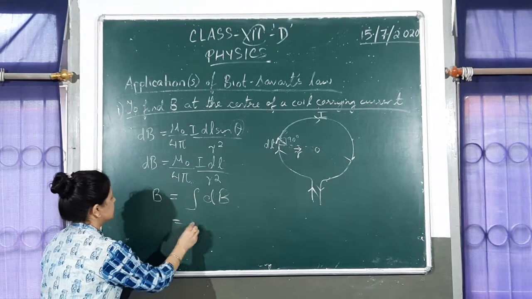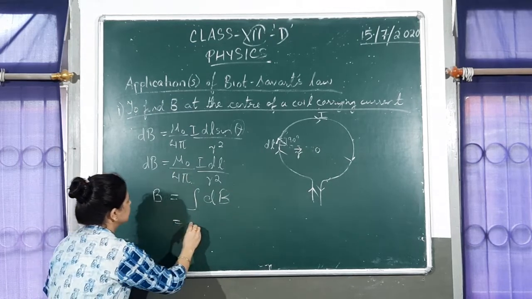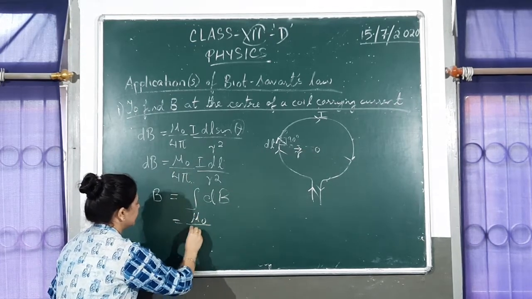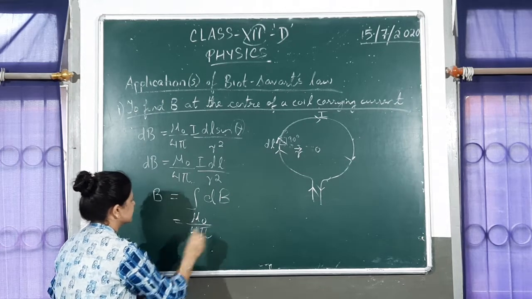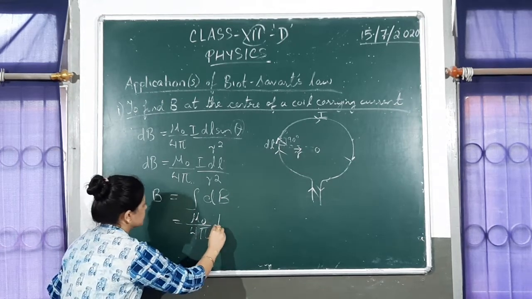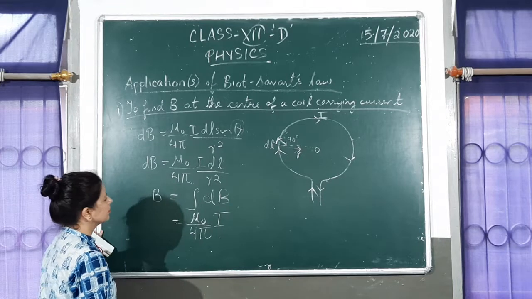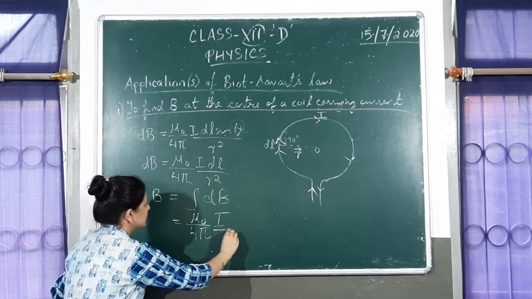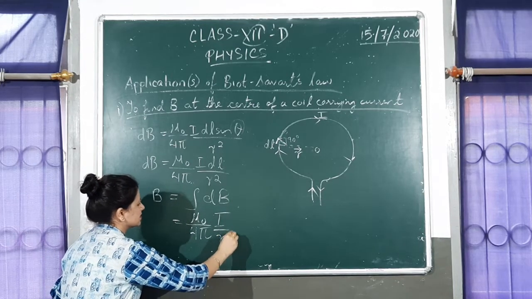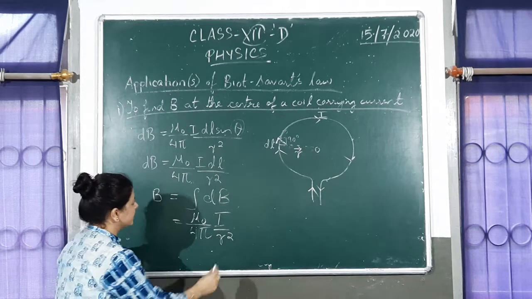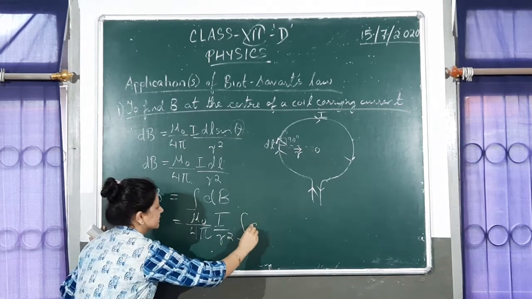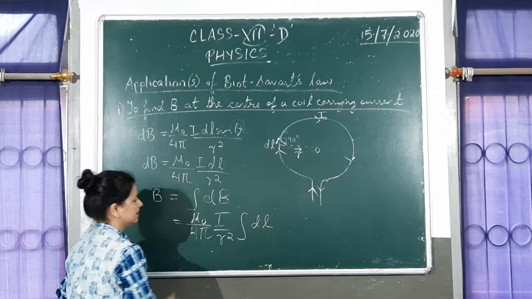Now just integrate this value here, copy the expression. I need not integrate mu naught by 4 pi, it is a constant. I also will be a constant, and 1 by r square also does not change because this is the radius of the wire. Only thing you need to integrate is dl.